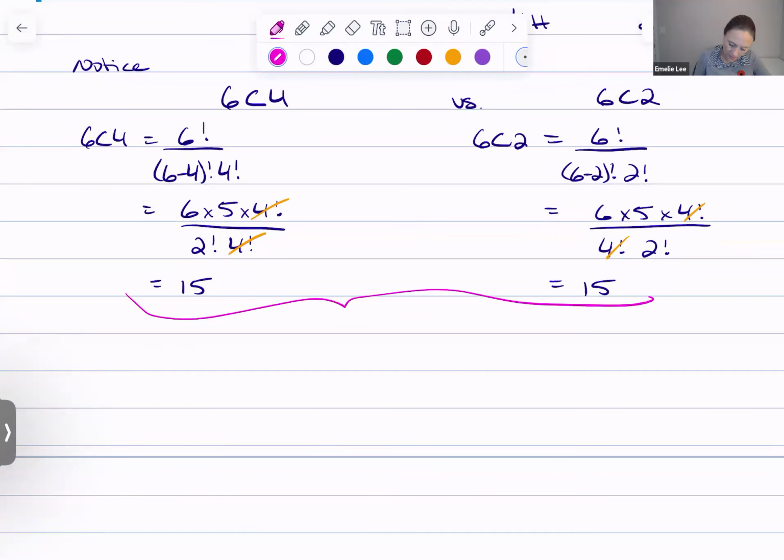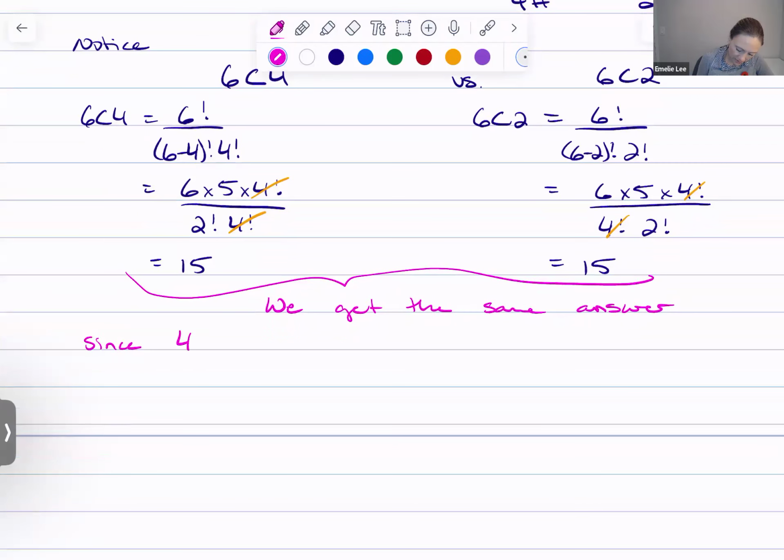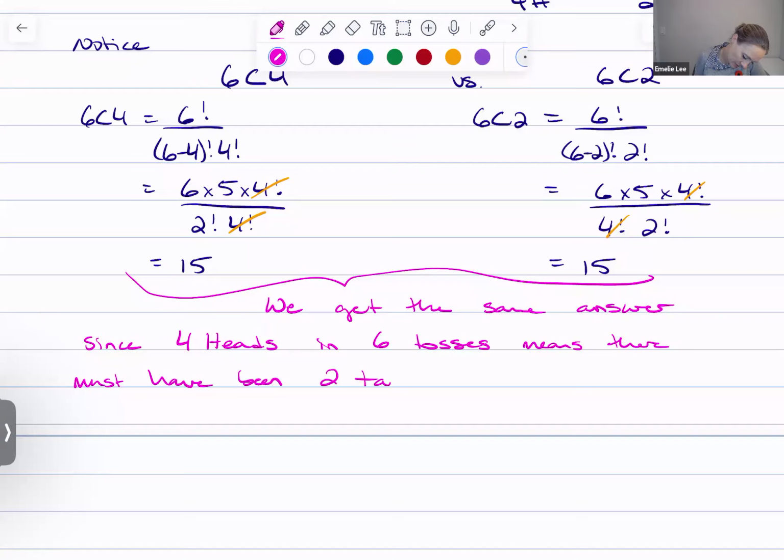So notice we get the same answer since 4 heads in 6 tosses means there must have been 2 tails.